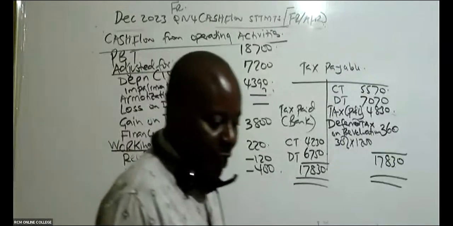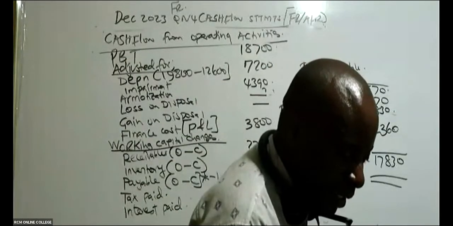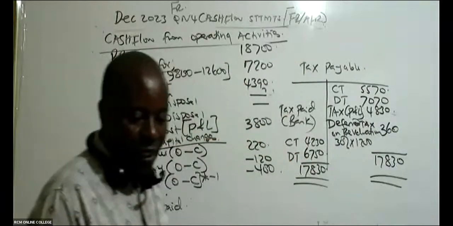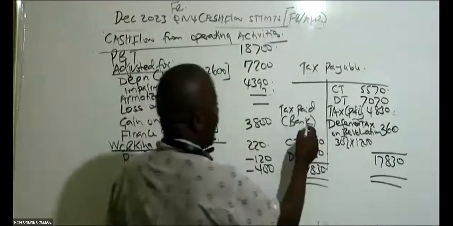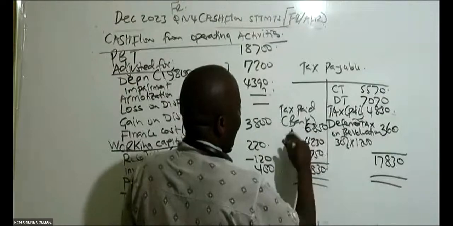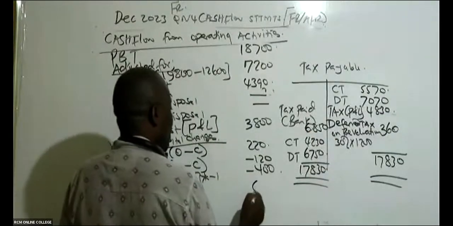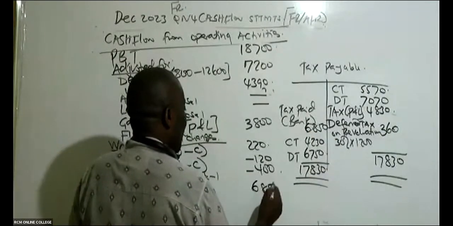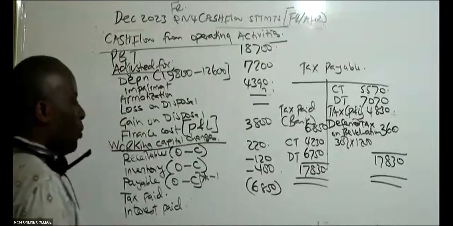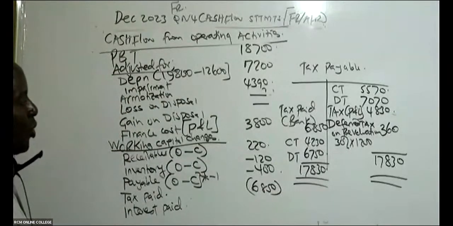They are getting a figure of 6,850. It's tax paid, so of course it will be negative. You put this in brackets, or negative.